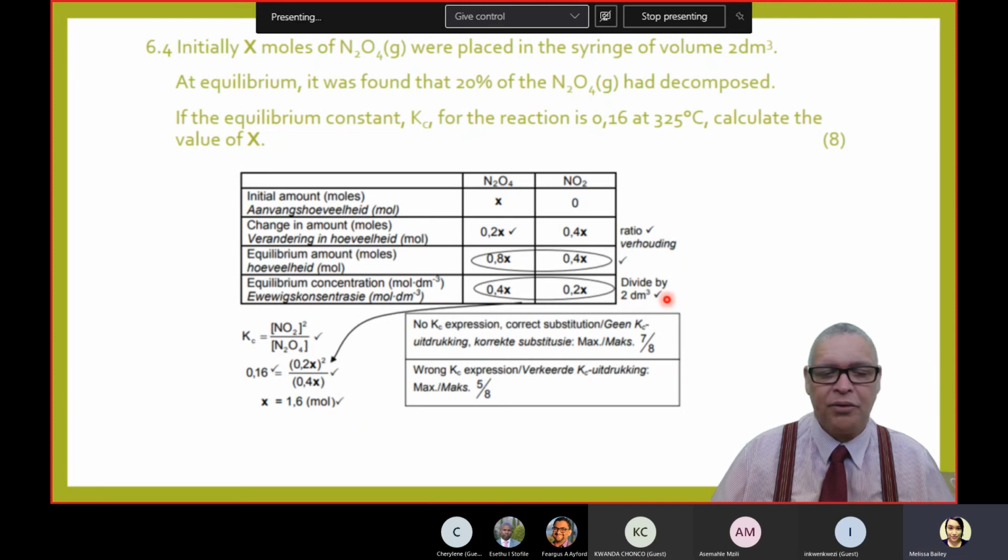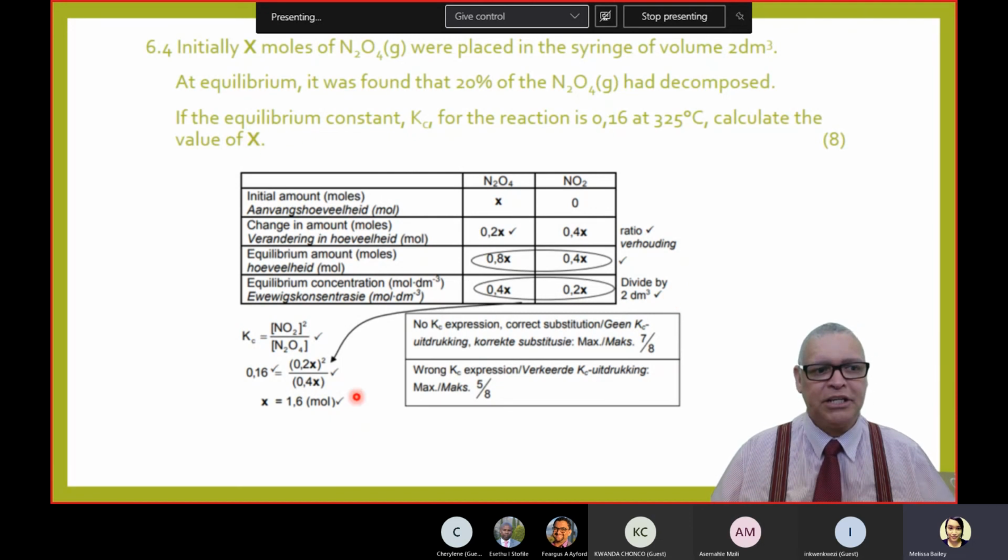Very important. You also are honored with a mark in that connection there as well. So if we have to find the value of x for this particular one, the answer is 1.6 moles. I'm sure you'll agree that this is a very important calculation, and that is exactly how it should have gone.